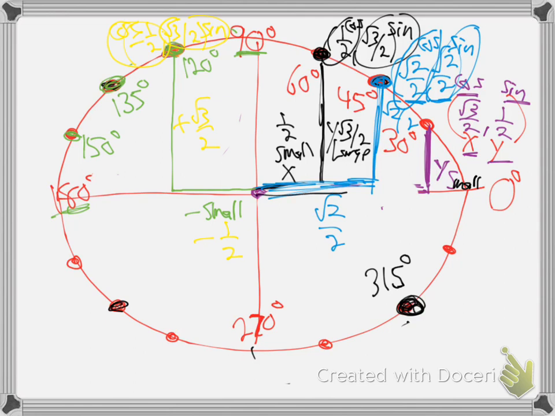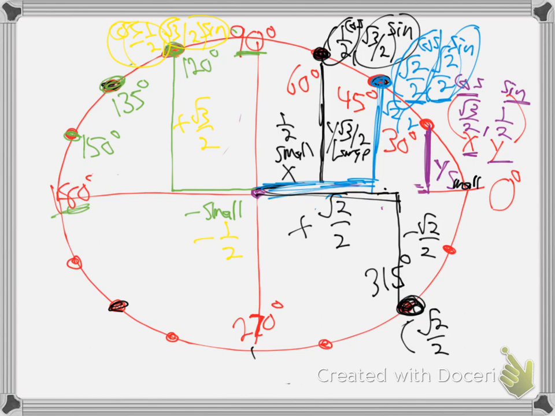Well, that's over and down. What is it? Small, medium, or large? The middles are medium, medium. That's over root 2 over 2. Right is positive, left is negative. Up is positive, down is negative, like natural. So the x is positive root 2 over 2.